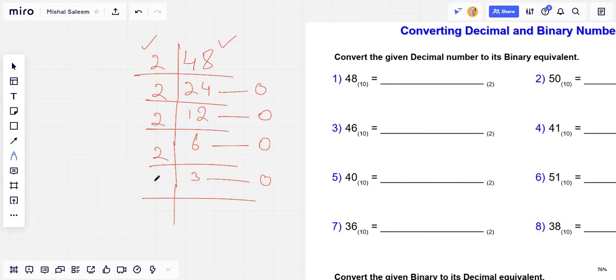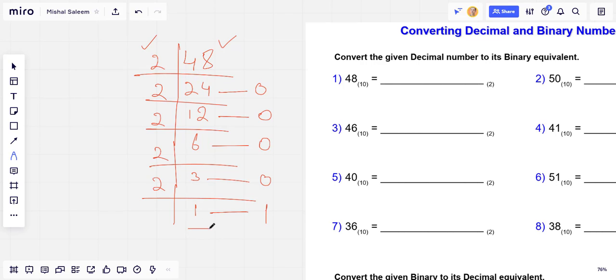Now here I can only do it by 2 times 1, which is 2. I cannot do it by 2 times 2. If I do that, then 2 times 2 is 4, which is bigger than 3 and cannot exceed this limit. That's gonna be wrong. So I can only do 2 times 1, which is 2. But here we have a 3, so that means we have 1 remainder.